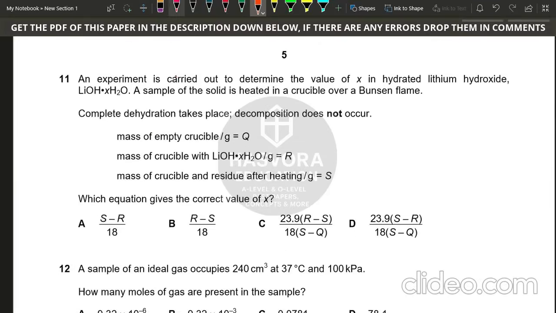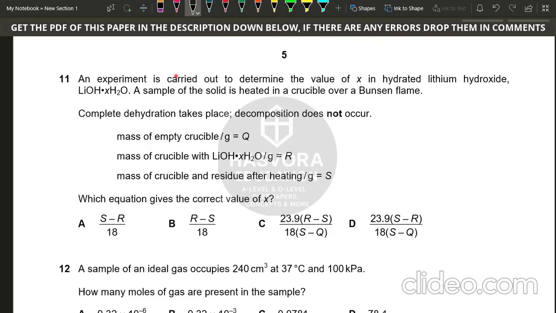Now question number 11 says that an experiment is carried out to determine the value of x in a hydrated lithium hydroxide. Now x is the number of moles of water in lithium hydroxide, so LiOH·xH2O. A sample of the solid is heated in a crucible over a Bunsen flame, so complete dehydration takes place. Decomposition does not occur.